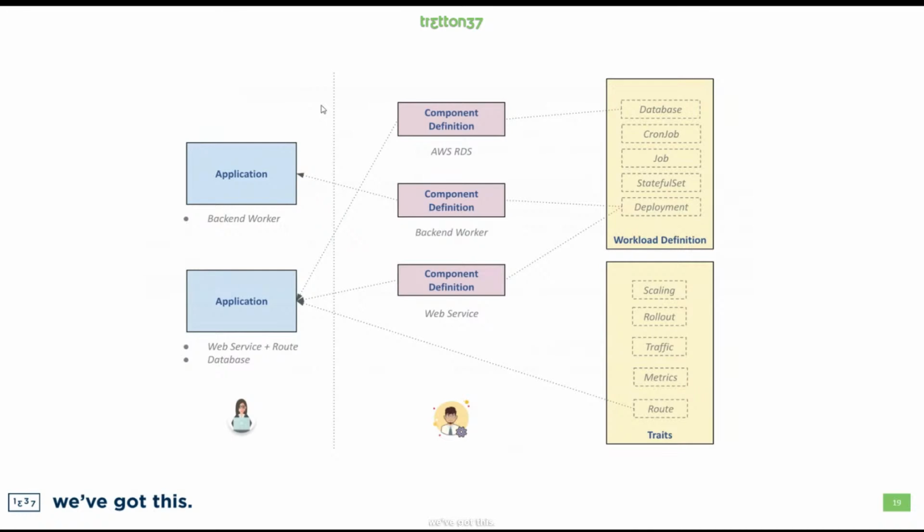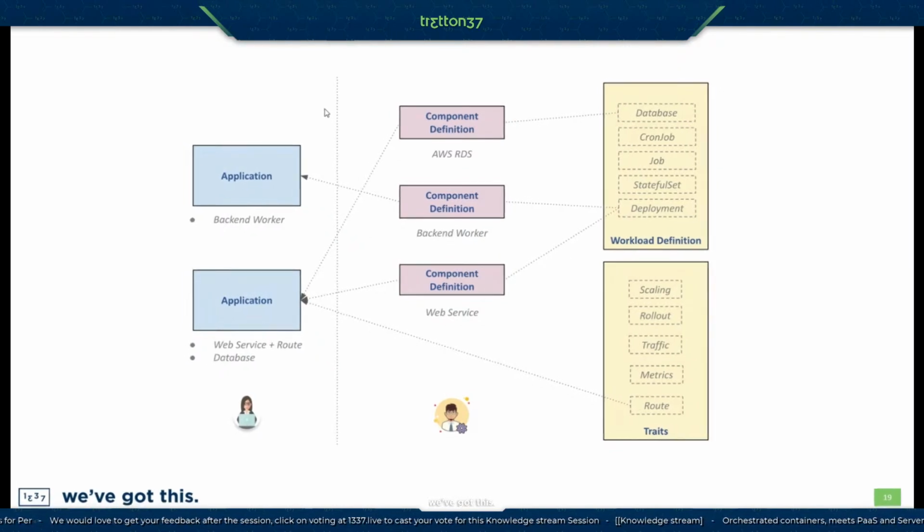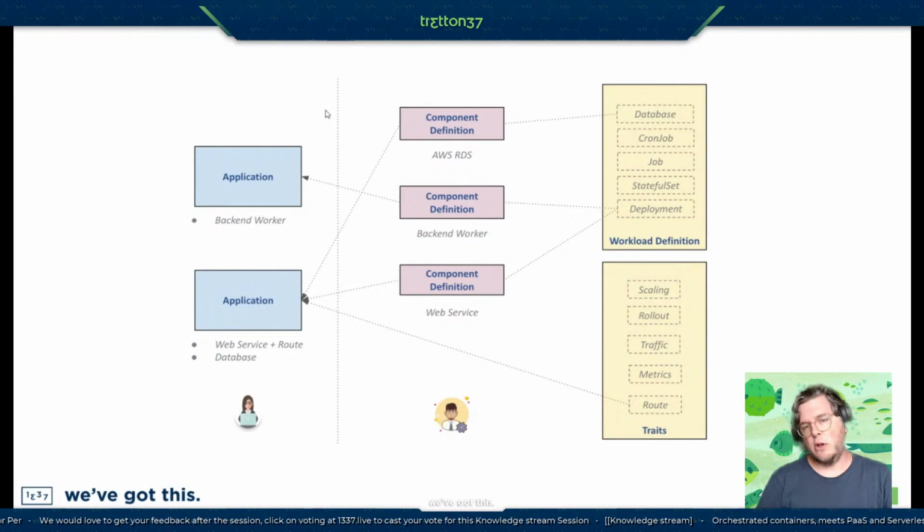So here you see KubeVela both managing the deployment to and mapping to Kubernetes, as well as setting up a resource defined by the operator. In this case, it seems to be an AWS database.